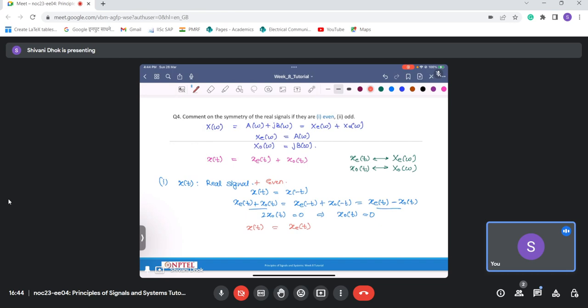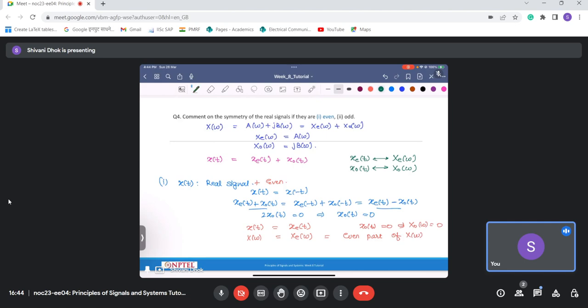If x odd of t is equal to 0, it simply means that capital X odd of omega is also 0, which simply means that X of omega is simply equal to Xe of omega, which is the even part of X of omega.